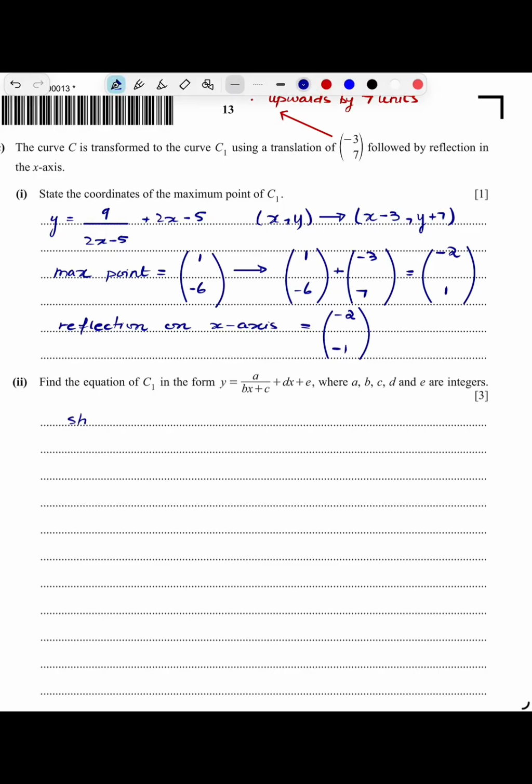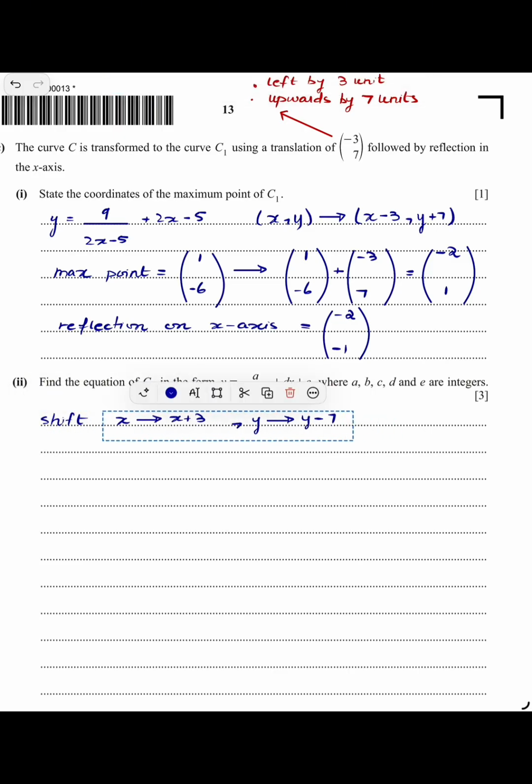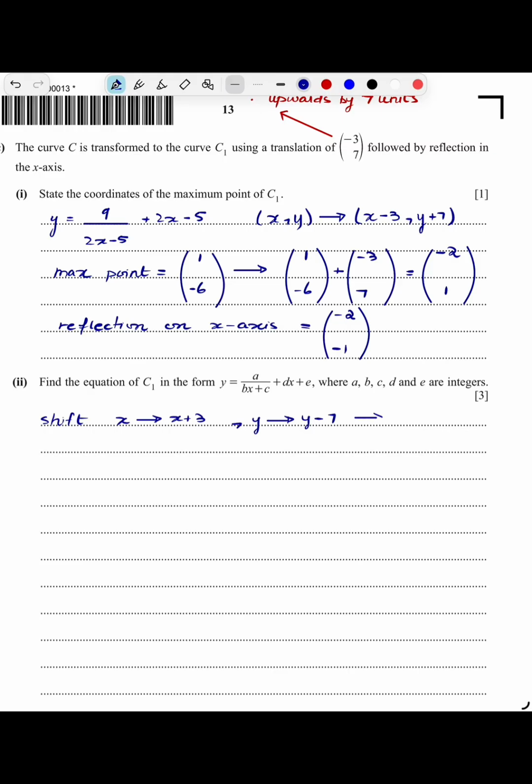So there's a shift first, which means that the x needs to be substituted by an x plus 3 in the function itself, and y is supposed to get turned into a y minus 7. The impact of this substitution in the function for c1 is that the coordinates x and y change to x minus 3 and y plus 7.